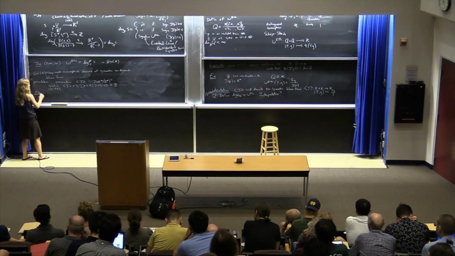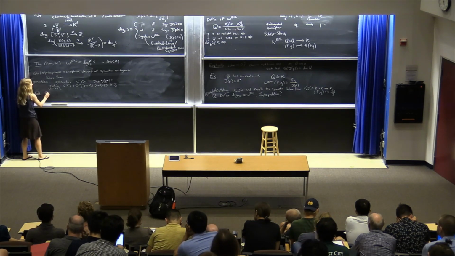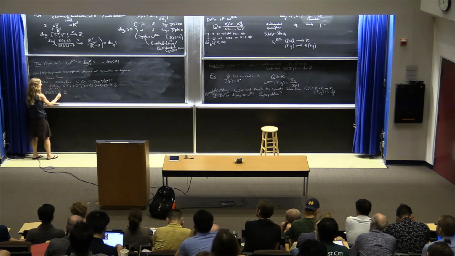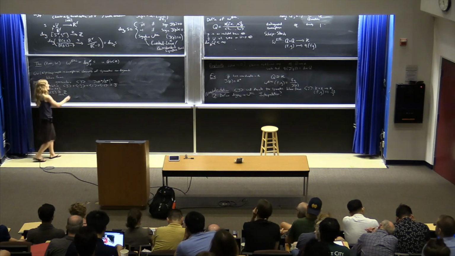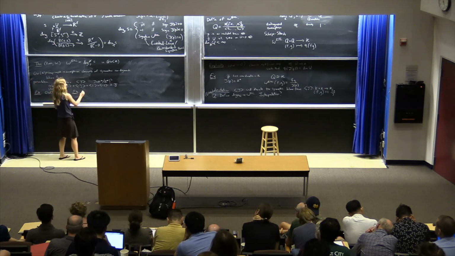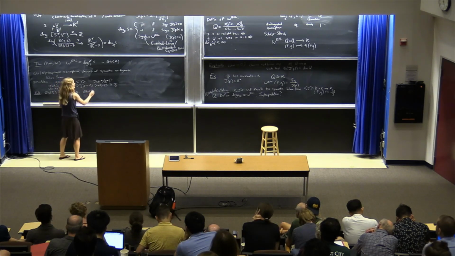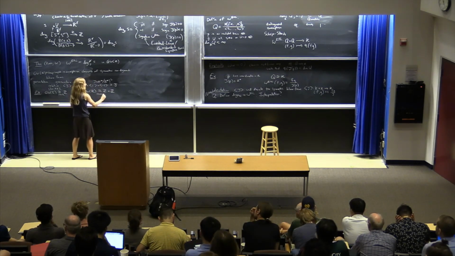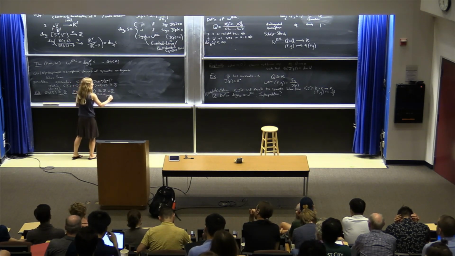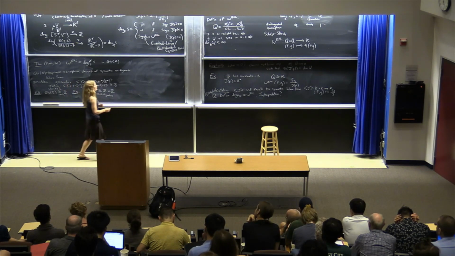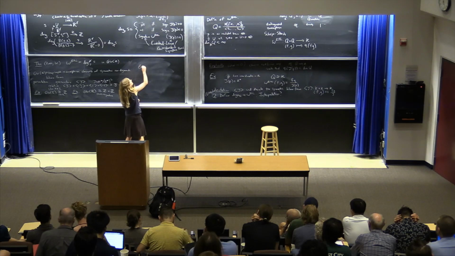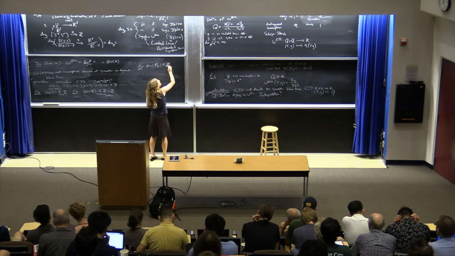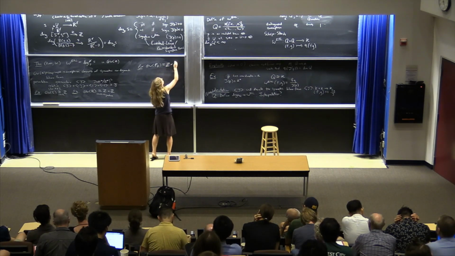Anytime you're algebraically closed, for instance, the Grothendieck-Witt group of C is Z via just taking the dimension, and the Grothendieck-Witt group of R is Z cross Z, taking the rank and the signature, and the Grothendieck-Witt group of F_p is the rank, and then you can take the determinant of an associated matrix.